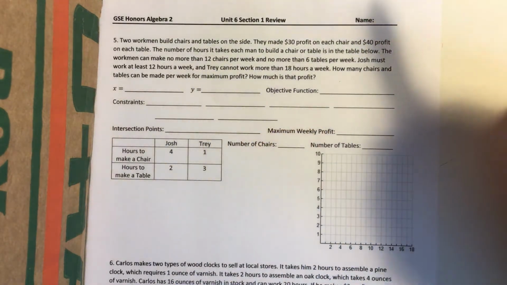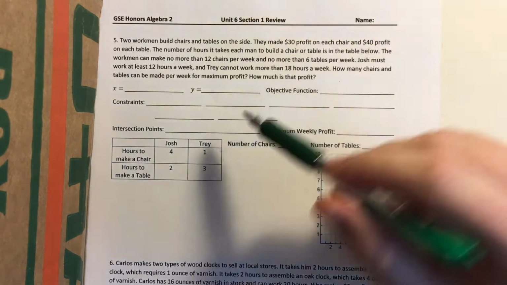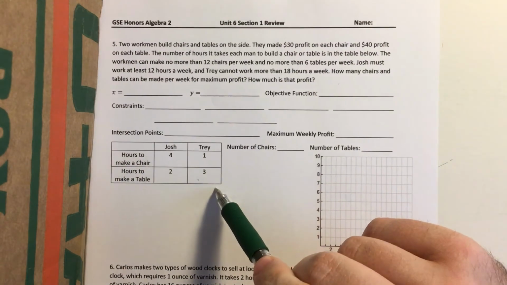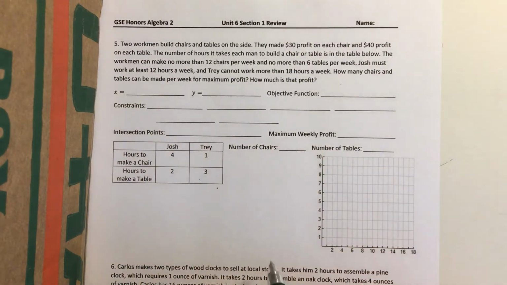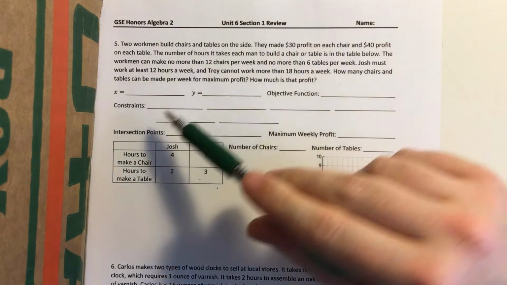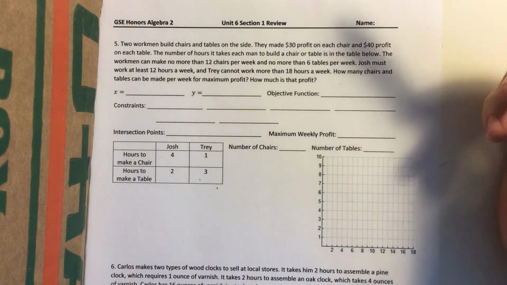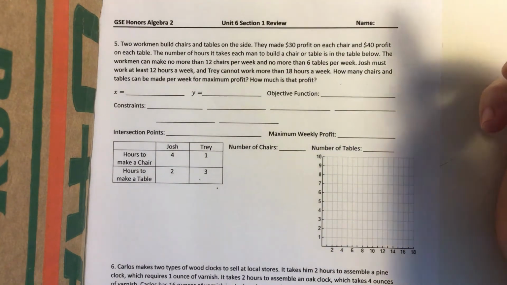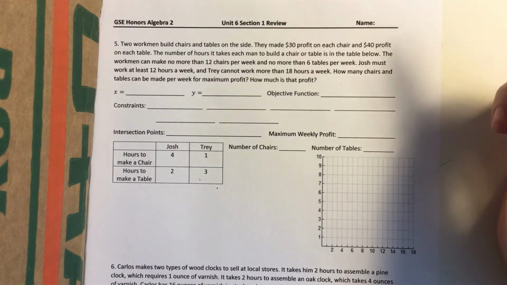The number of hours it takes each man to build a chair or table is below, so that's this table right here. The workmen can make no more than 12 chairs per week and no more than 6 tables per week. Okay, and Josh must work at least 12 hours a week, and Trey cannot work more than 18 hours a week. How many chairs and tables can be made per week to maximize our profit?